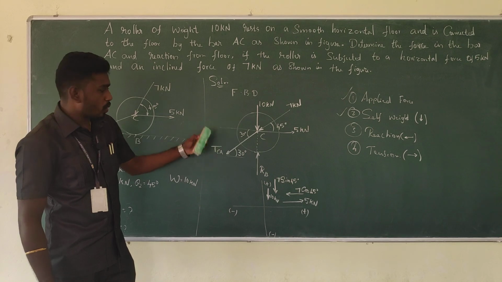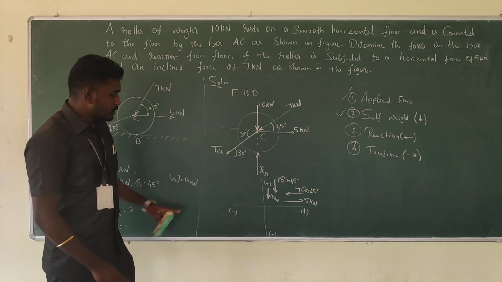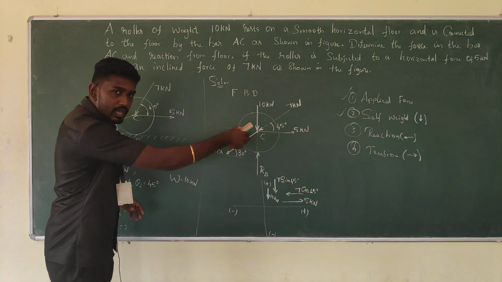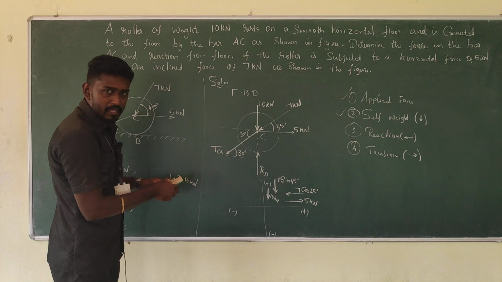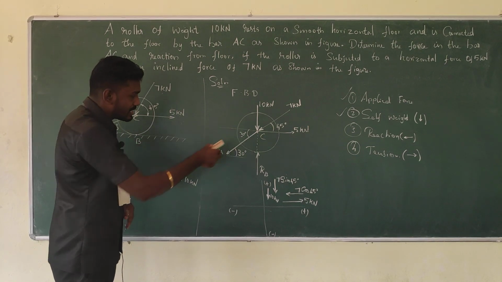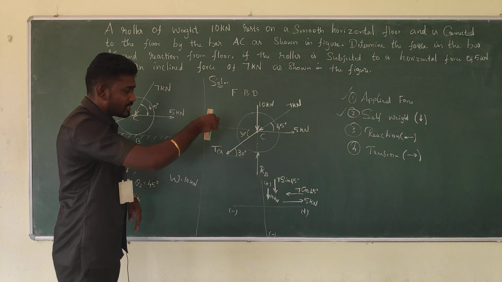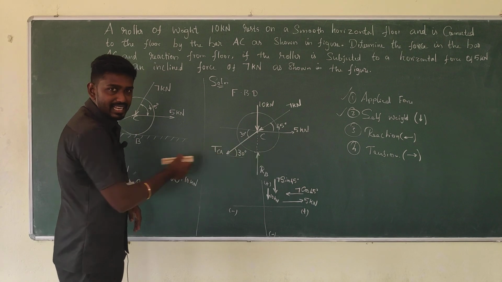Then come to the next quadrant. Any other force is there? No. Come to the third quadrant. There is a force which is inclined 30 degree. Since it is an inclined force, it is partially vertical, partially horizontal. Since it is directed like this, I can say it is going to be vertically down and horizontally left.